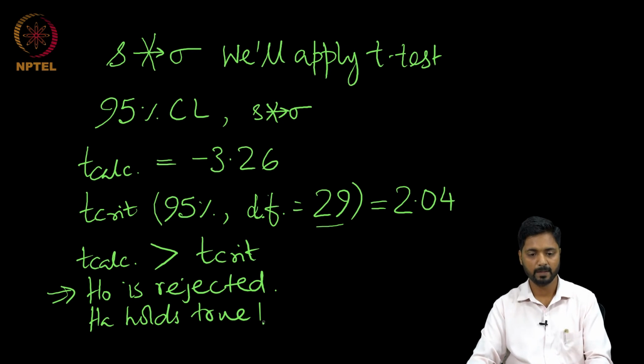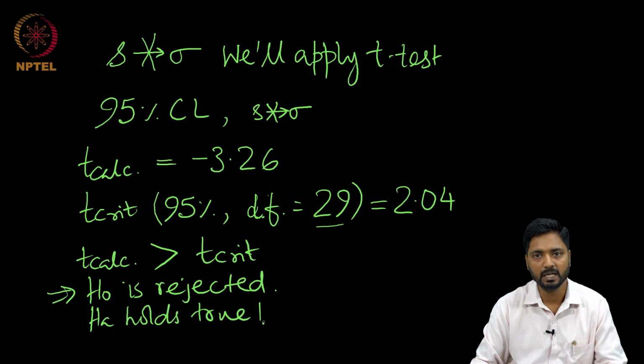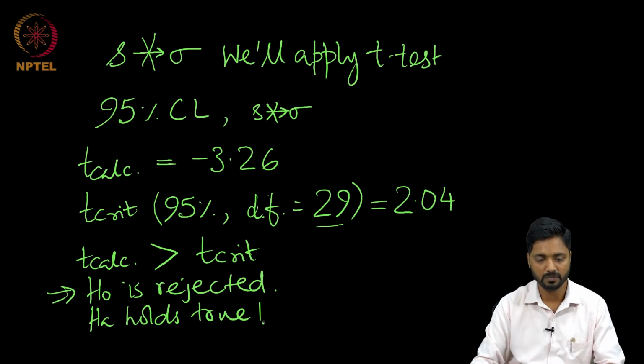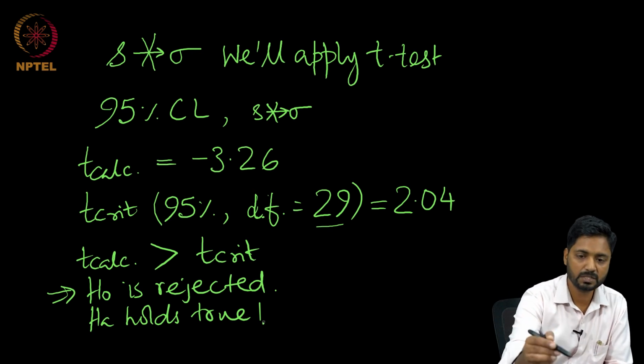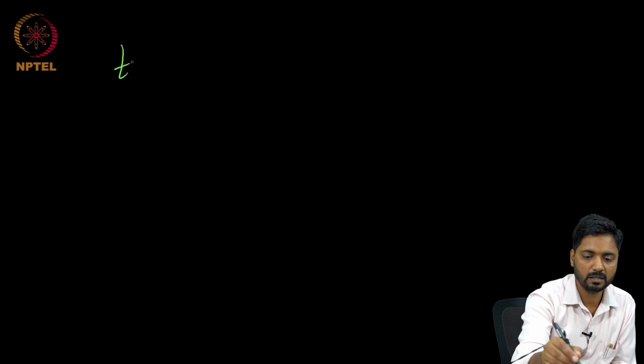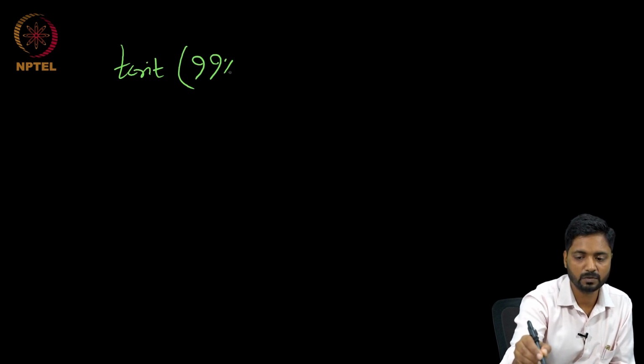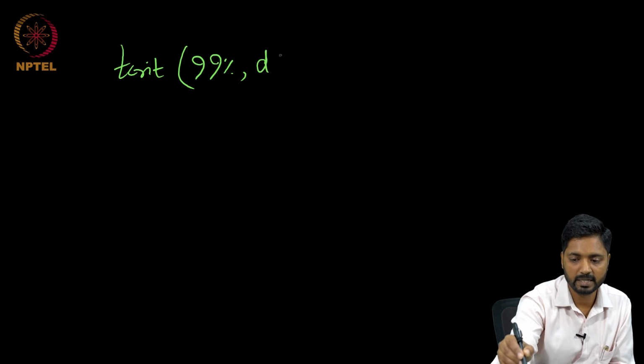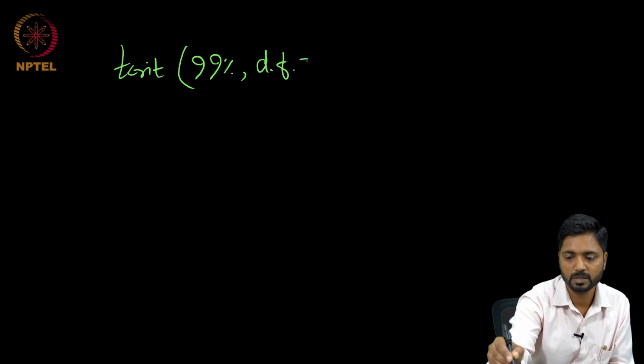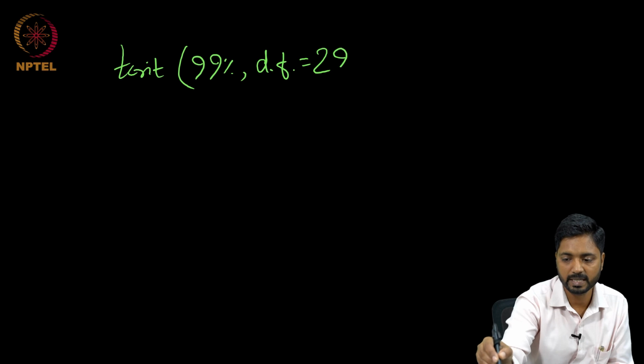Okay. Even if we do the same exercise at 99% confidence level, I will just give you the T critical value in that case. So, how you write T critical for 99% confidence level and degrees of freedom equal to 29.